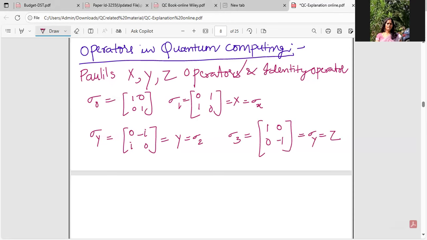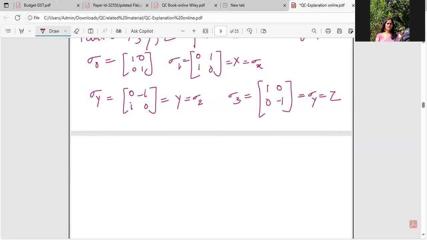Now we will see how these operators are operated on the qubits or the basic states. Basis states are ket 0 and ket 1. Basis states of qubit.